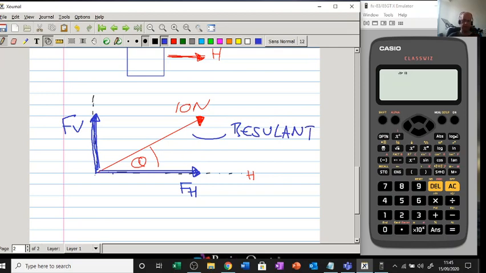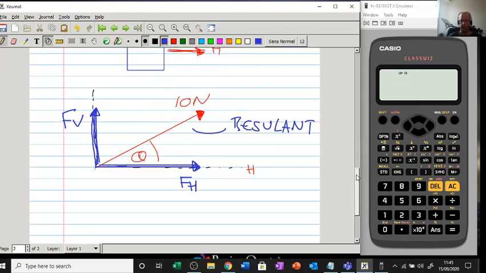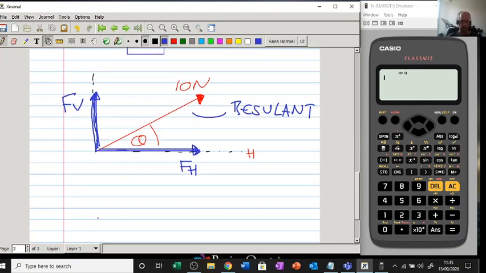And then here's the angle of direction. So all that really means is that, this could be an object, and I could pull it this way, and I could pull it up, and I could pull it across at a certain force. So that's a Newton, and that's a Newton.